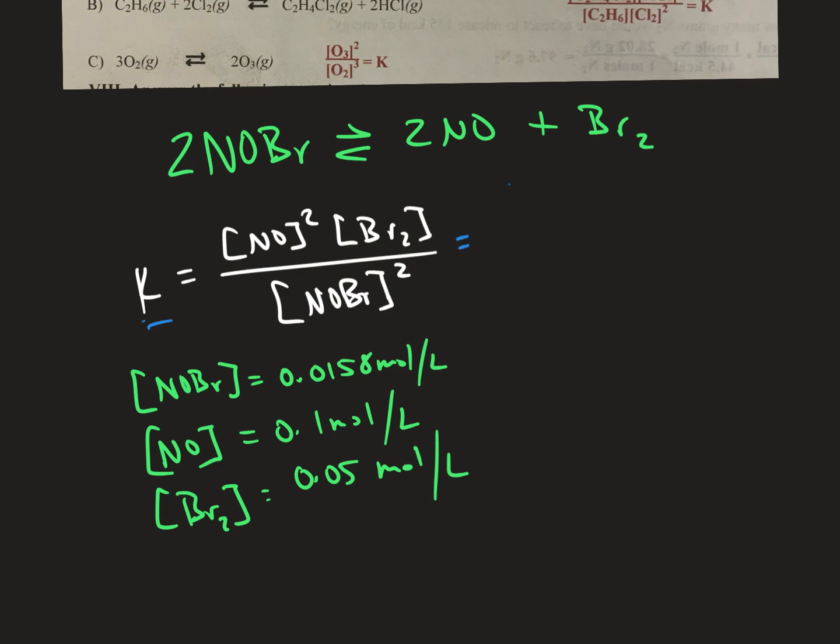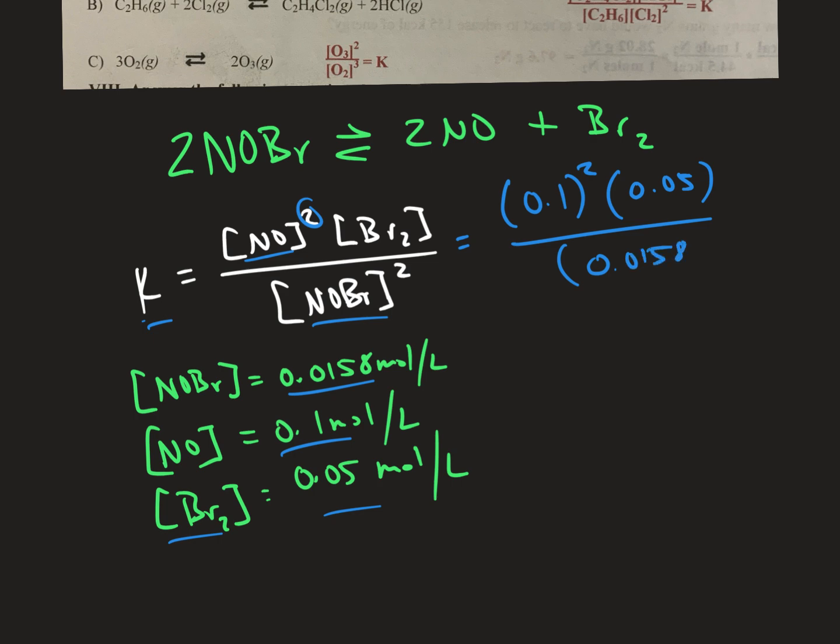So we put in parentheses the concentration of NO, which is 0.1. Don't forget we must square that. Multiply the concentration of Br2, which is 0.05, and it's just raised to the first power, so we're good there. Divided by the concentration of NOBr, which is 0.0158. And don't forget, we better square that. Make sure you can type this in your calculator okay.